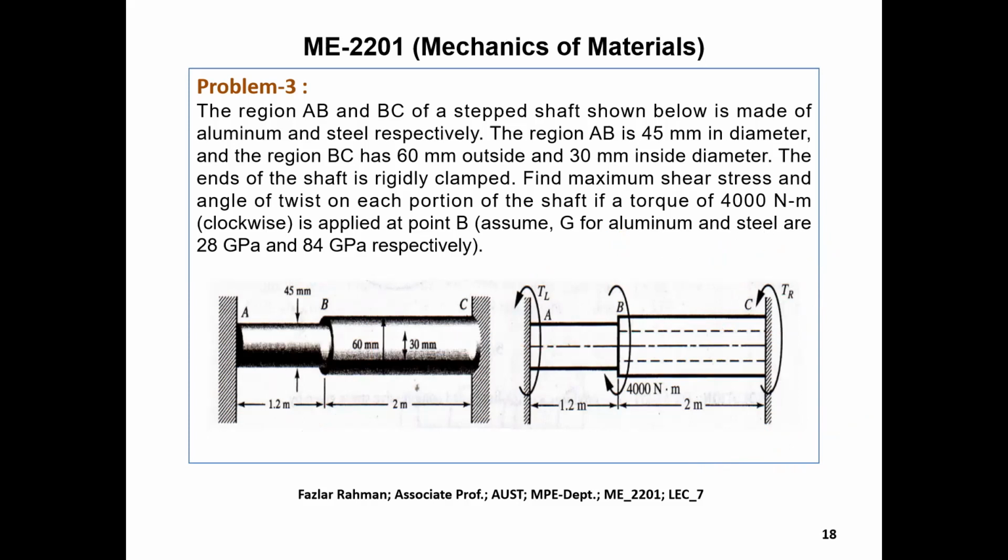You see, point B is the common point. If point B rotates 5 degrees, what does it mean? The angular deformation of AB and BC is the same.